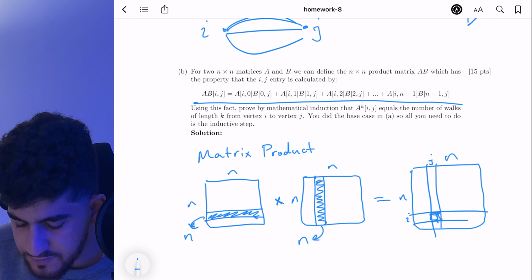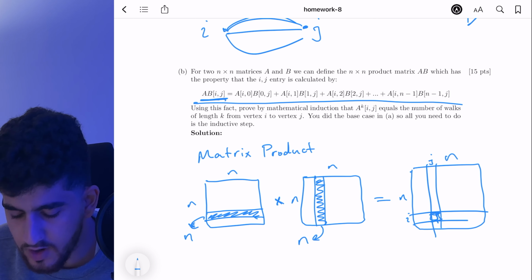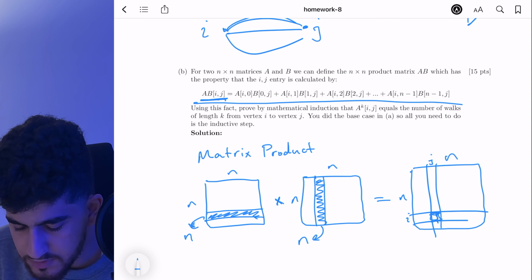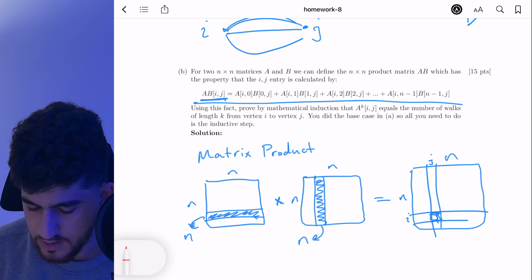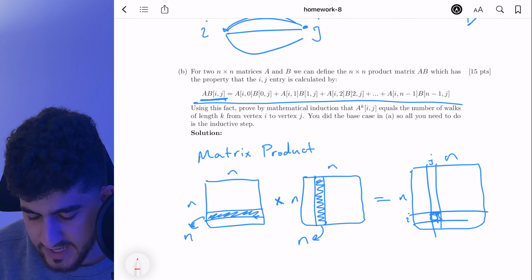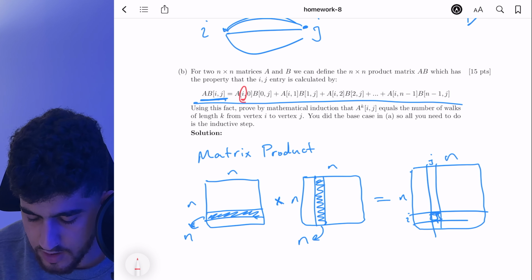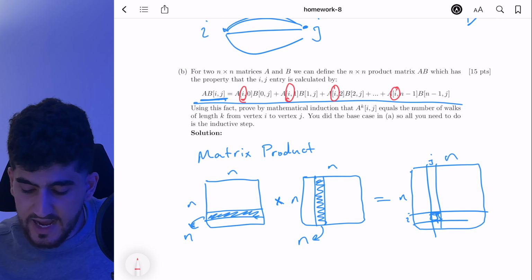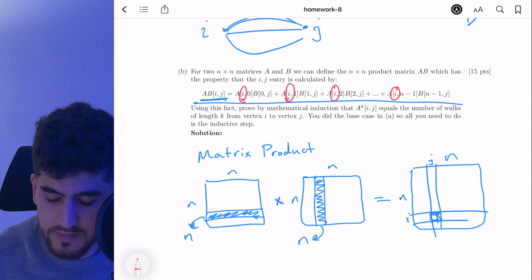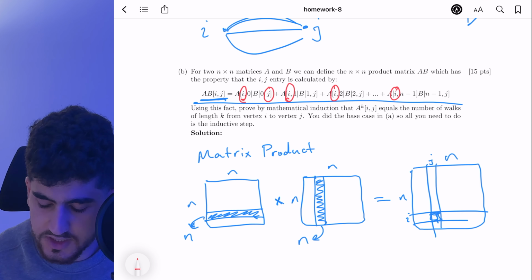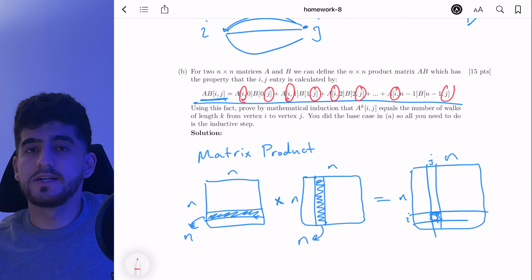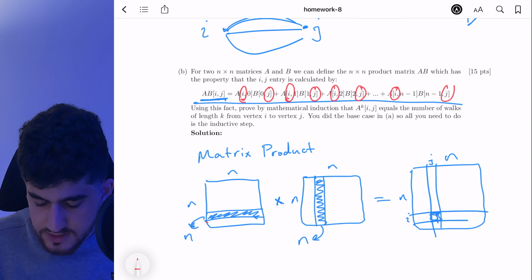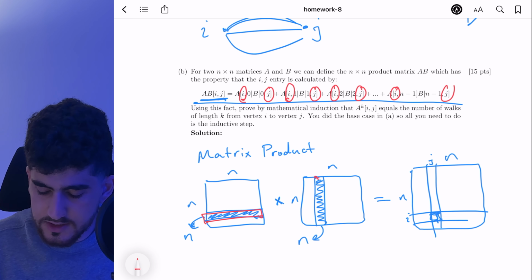So basically, if you see what is going on in here, in AB of i and j, you can see that all of the cells from A are from row number i, and all of the cells from matrix B are from column number j. So in here you're just considering row number i, in here you're just considering column number j.